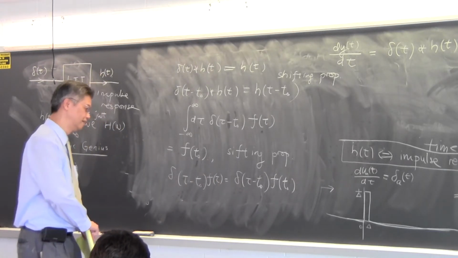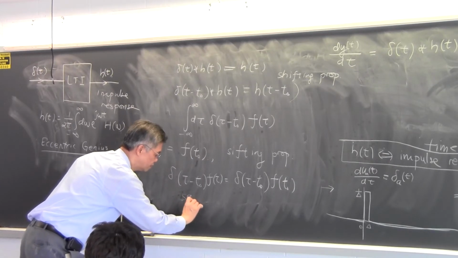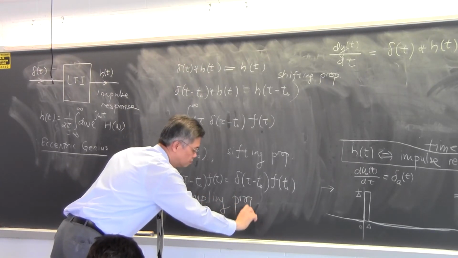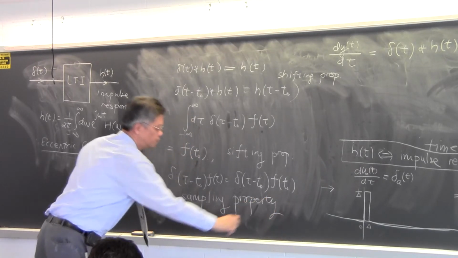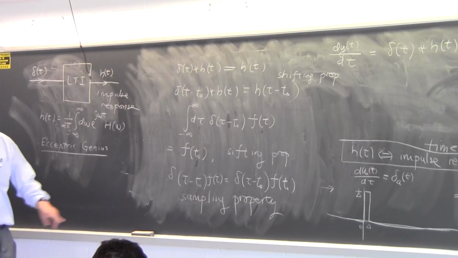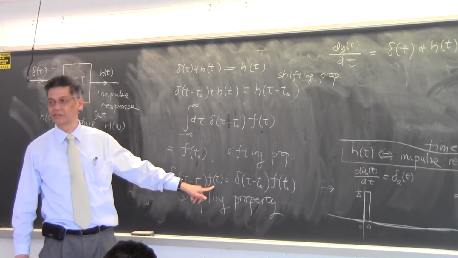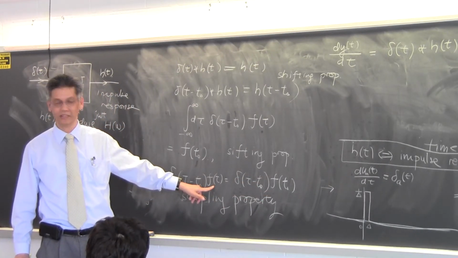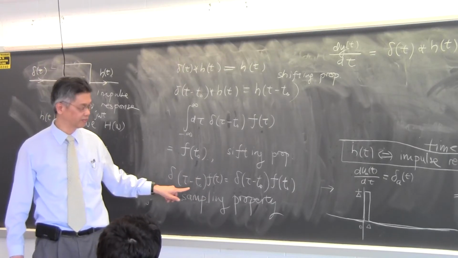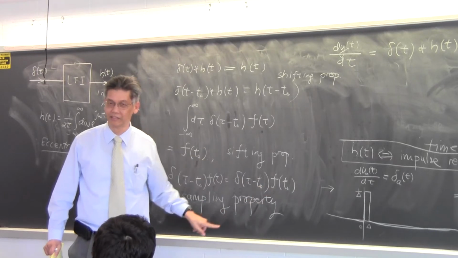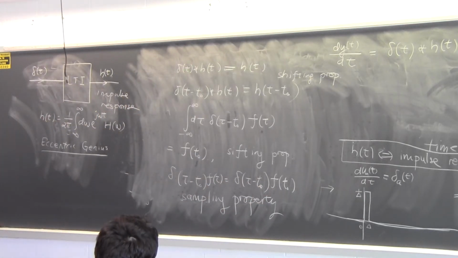This is called the sampling property. Can you see that this can be evaluated as this because you always take this thing outside the integral anyhow? Evaluate at the peak of the delta function, so you might as well evaluate it beforehand. And this is always equal to each other.